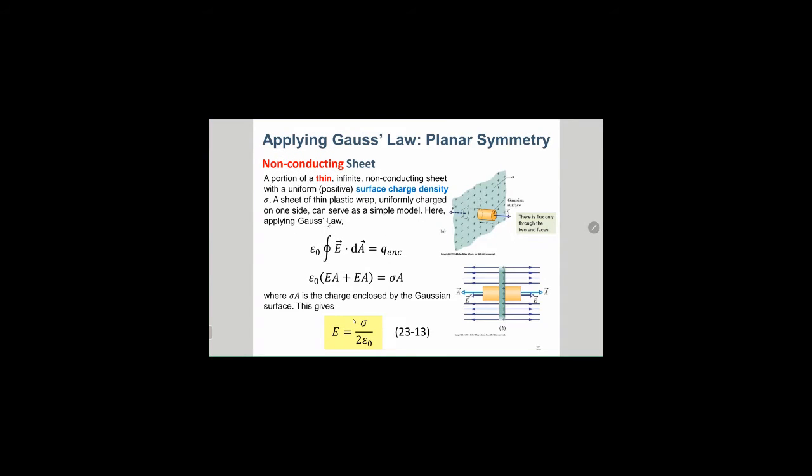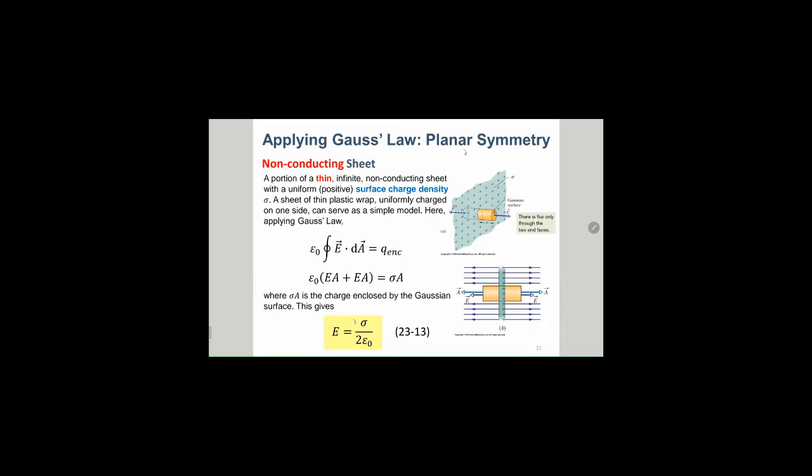So here we talked about planar symmetry. In the previous slide, we talked about cylindrical symmetry. So this is the planar symmetry, and later on we may also have spherical symmetry, maybe. I'm not sure. Here we have a non-conducting sheet, which means that the charge on it is not free to move.